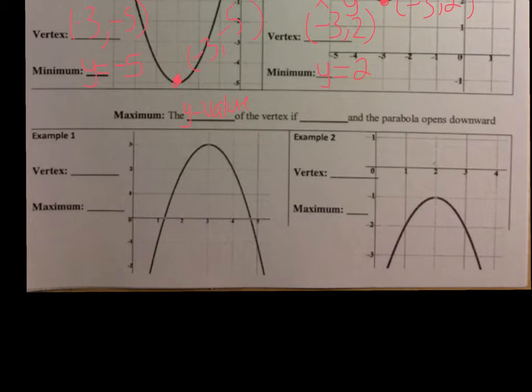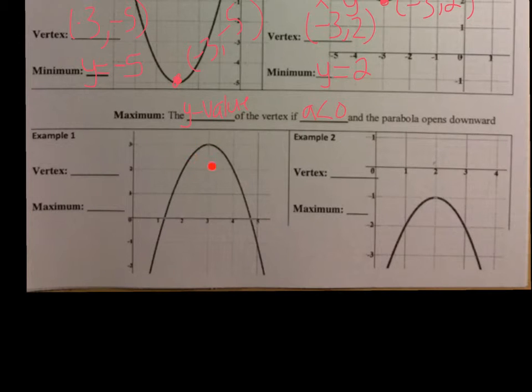Remember that when a is less than 0, our parabola is opening downwards. So whenever a is less than 0, we always have a parabola opening downwards, which means we're always going to have a maximum point. Since it's opening downwards, we'll have a peak all the way at the top here.